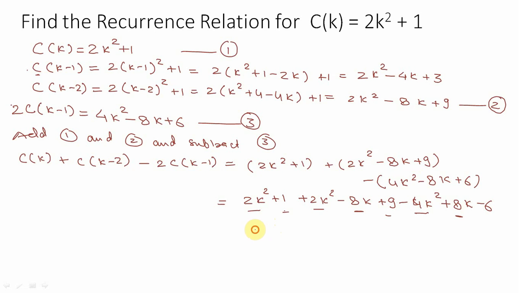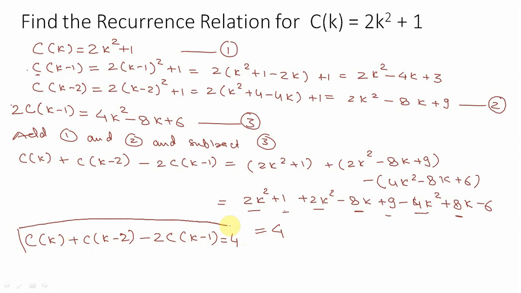So I get 4 over here. Now I'm left with the expression c_k plus c_{k-2} minus 2c_{k-1} is equal to 4. So this is the required recurrence relation for this expression.